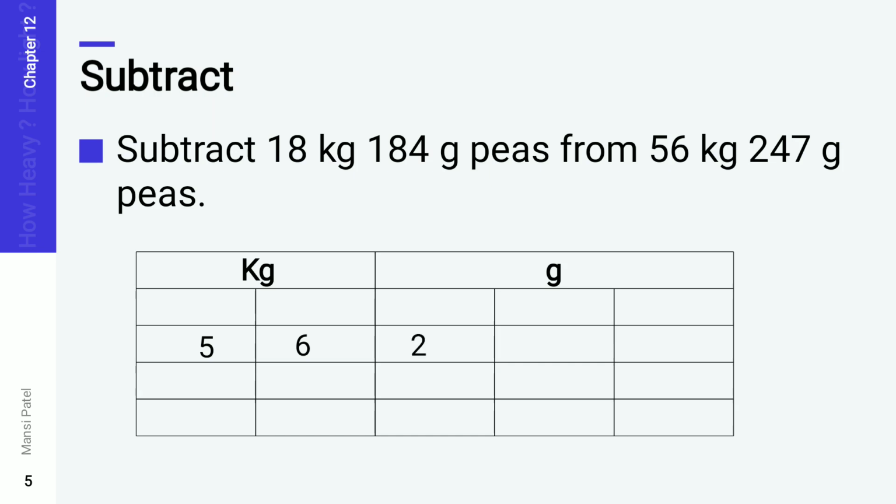So, write down 247 gram. From this number, what do you want to subtract? From this number, you have to subtract the 18 kilogram. So, write down 18 kilogram. And how many grams are there? 184 grams are there. So, write down 184.